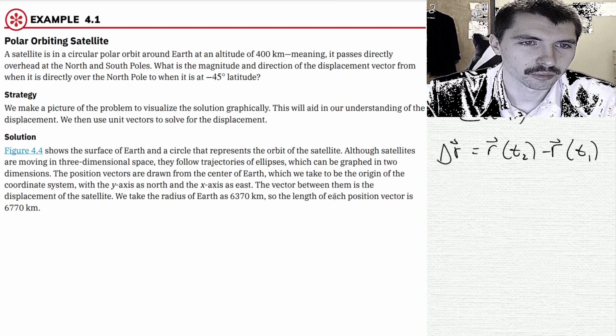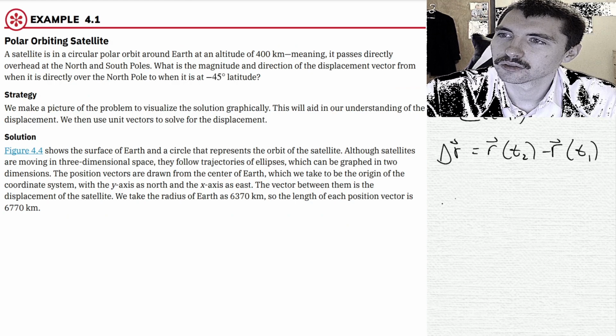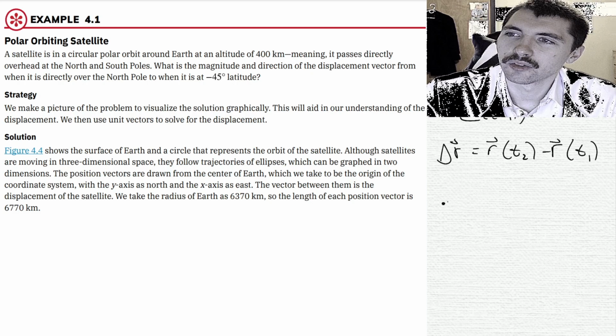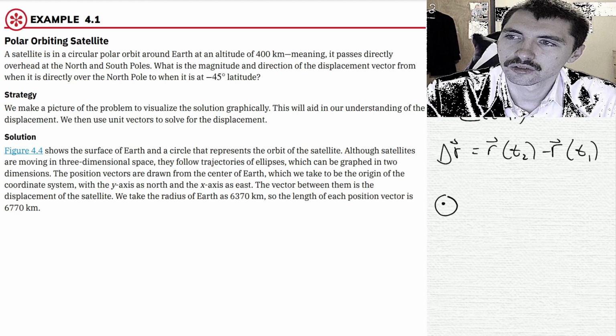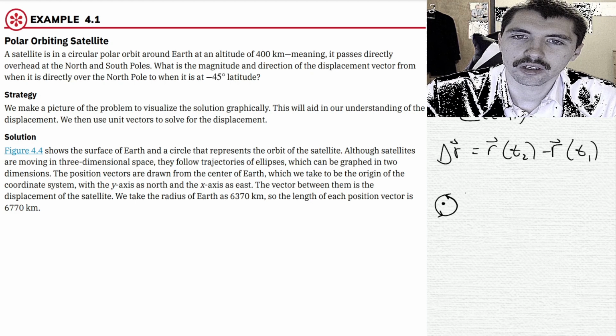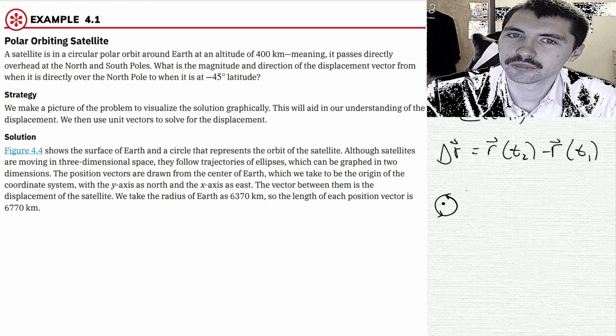Okay, so polar orbiting satellites. Satellite in a circular polar orbit. So we have the Earth. We have an orbit. Altitude.